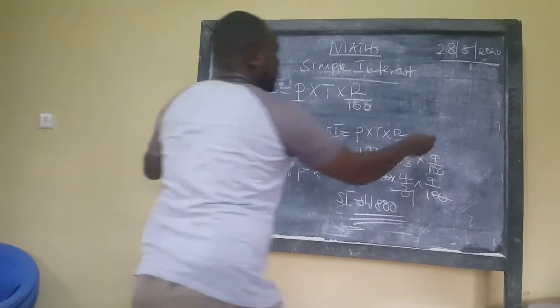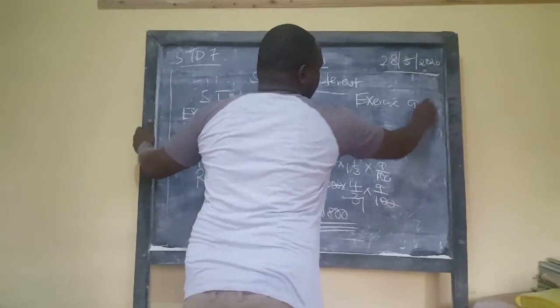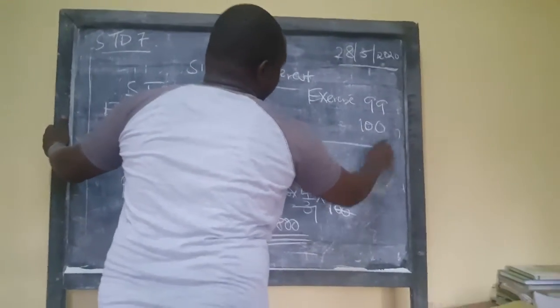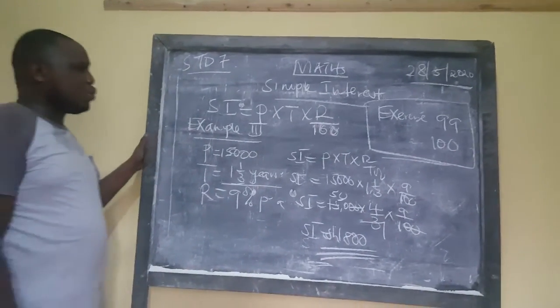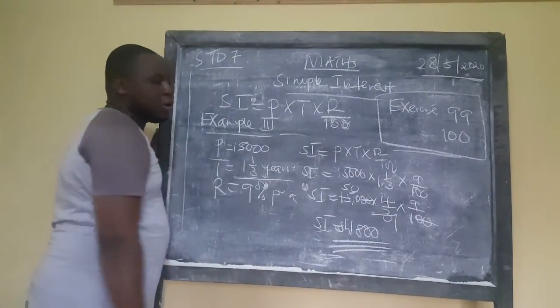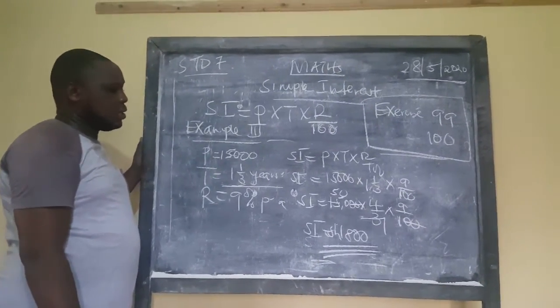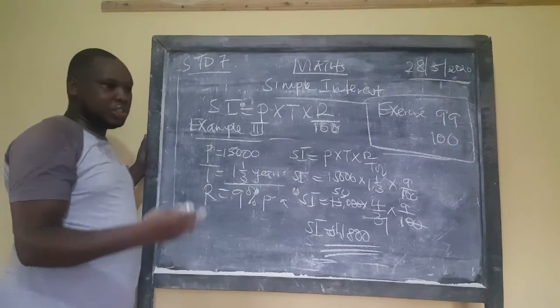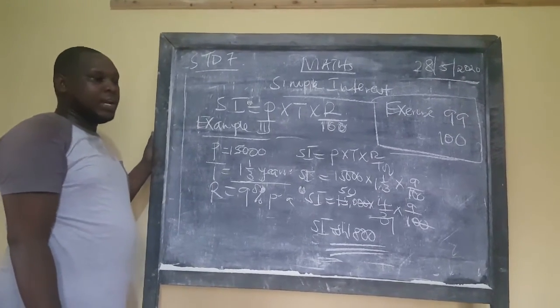Practice exercise 99 and 100, everything. Calculate those questions. Follow the formula and you'll be able to arrive at the answer. So tomorrow we will see how we can get the amount, and it will be very simple. I'll show you how to get the amount at the end of a certain number of years.